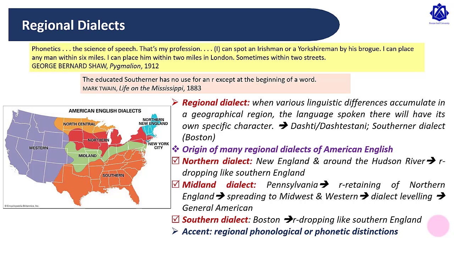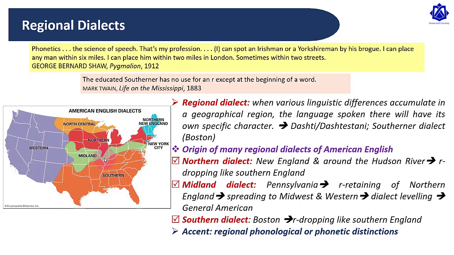And this feature has spread to the Midwest and to the Western part of the USA, and also a dialect leveling has followed, and it has given rise to the general American that we are somehow familiar with.